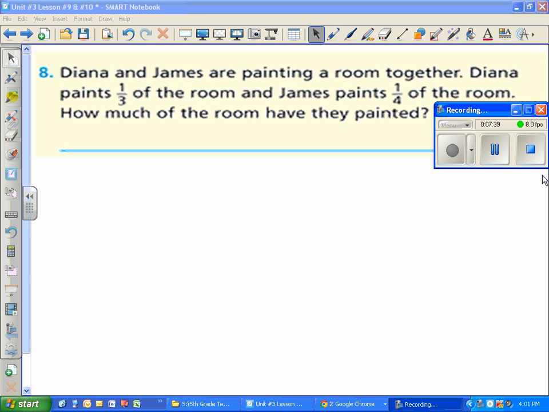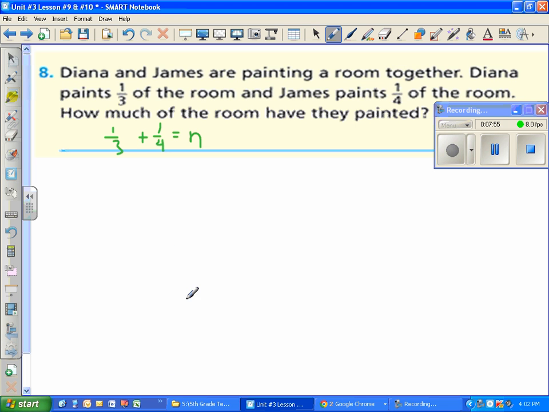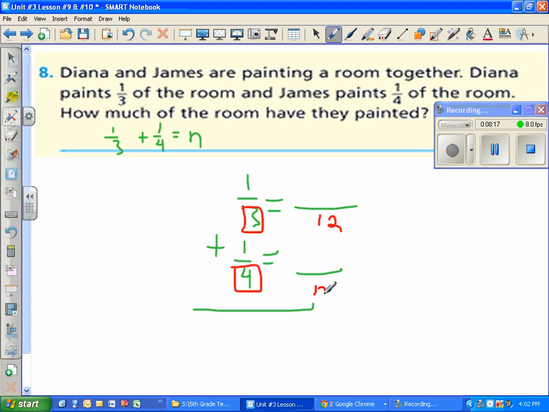So again, you want to write an equation. We're trying to figure out how much total. So we could set the equation up as 1/3 plus 1/4 equals our variable n. There's your equation. How do we solve this? 1/3 plus 1/4. Common denominator, look at the 4, look at the 3, hopefully you recognize 12, 4 times 3.